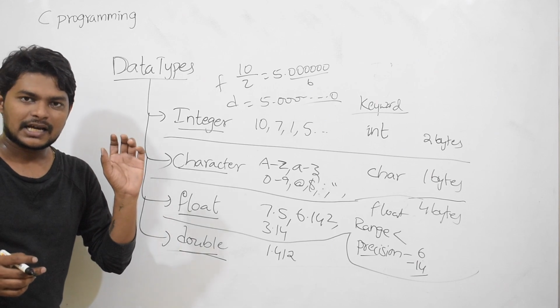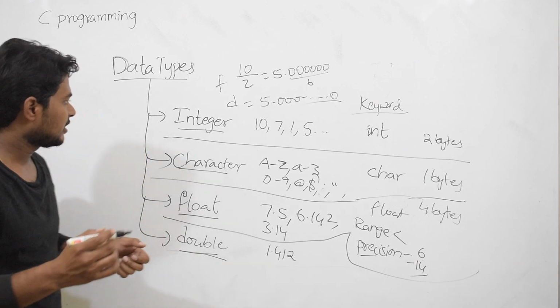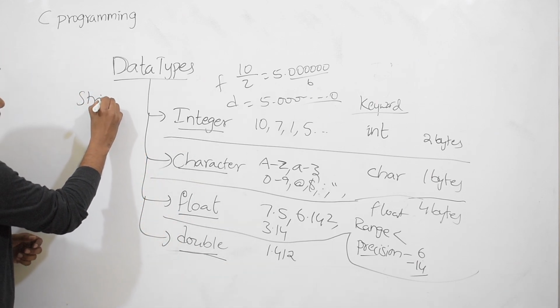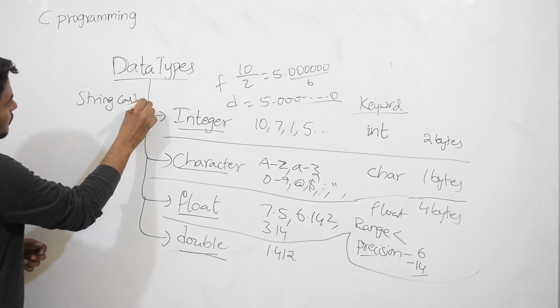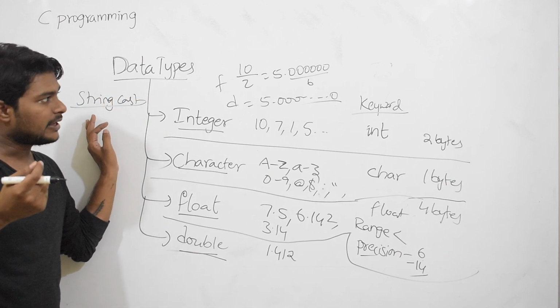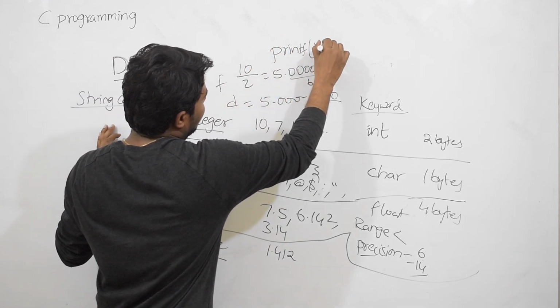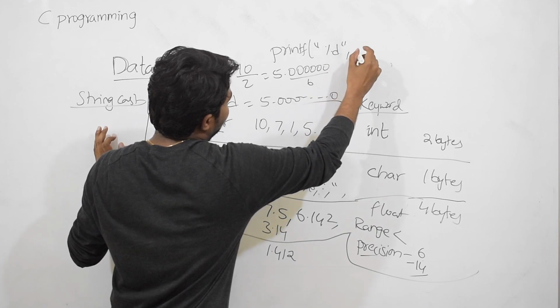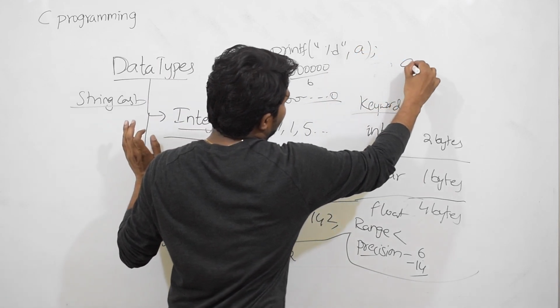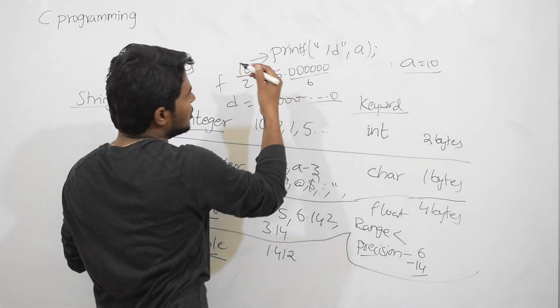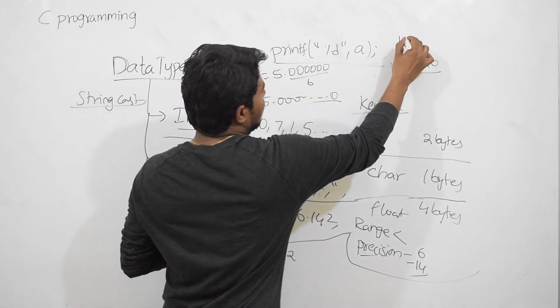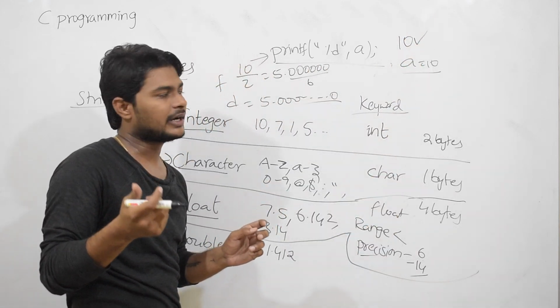Now there is another thing called a string constant. I will explain it here only. In printf we write this thing, right? printf %d a. Suppose a equals 10, when we execute this statement, what will be printed? 10 will be printed. How is it able to print?